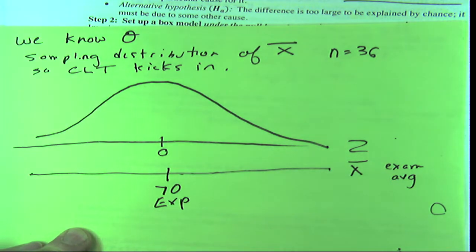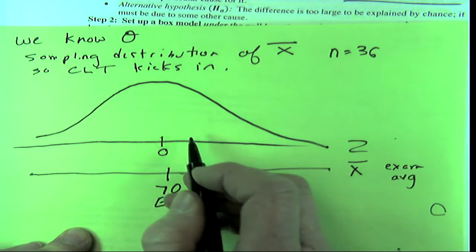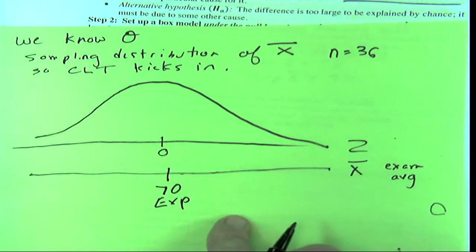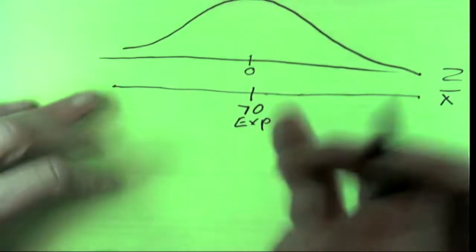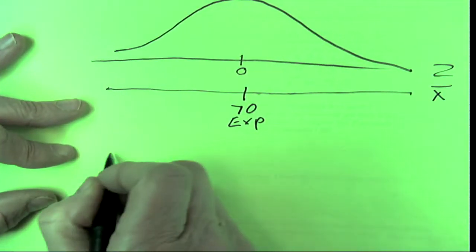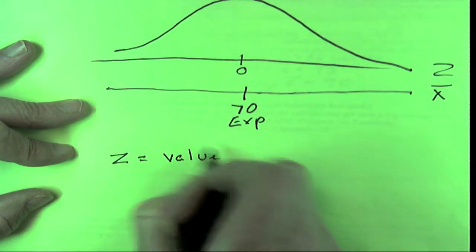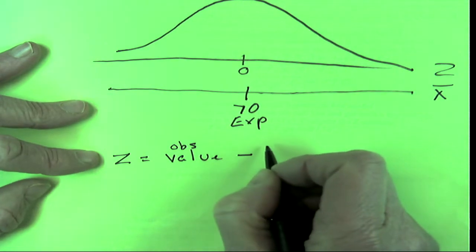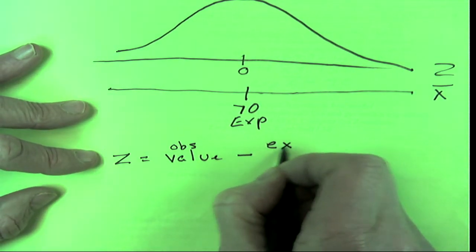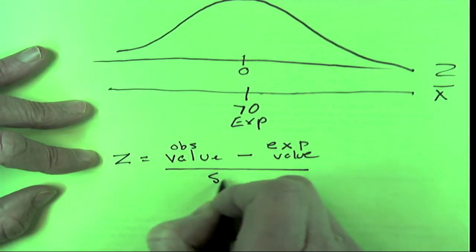So how are we going to do this? How do we translate our 75 into a z-score? Well, we can just do it here and then fill it in. All right, so we're going to change it to a z-score. So what do we do? We take our observed value minus our expected, observed minus expected, over some standard error, right?